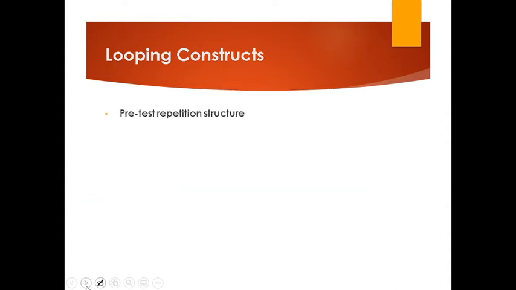Next, we have the pretest. Actually, there are two types of repetition structure. We have the pretest and we also have the post-test. Let's talk first about the pretest. When we say pretest, the condition is tested before any actions are performed.